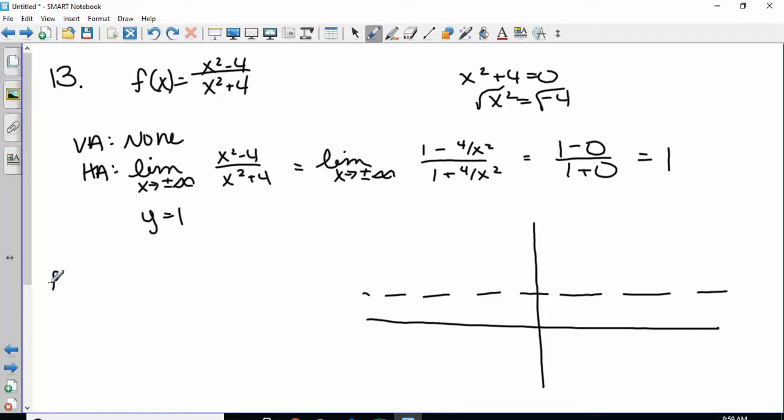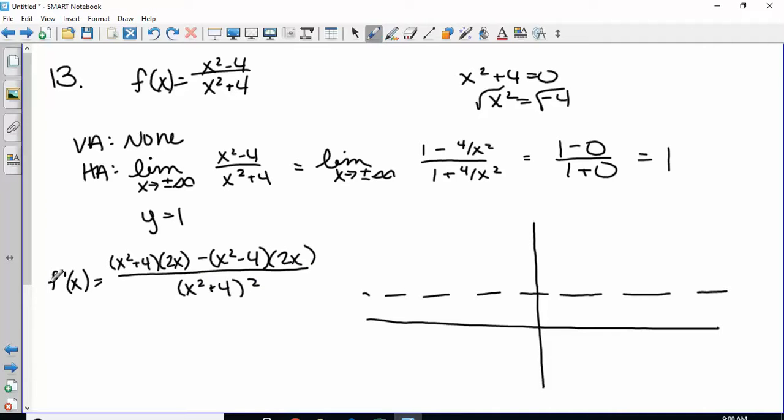So, my derivative. This is a fraction, so we have to do quotient rule. So low, d high, derivative at the top is 2x, minus high, d low, over low squared.